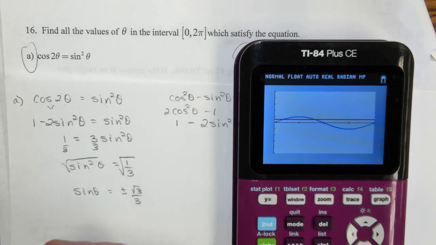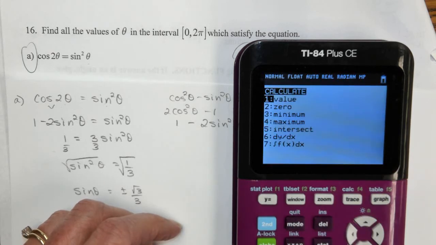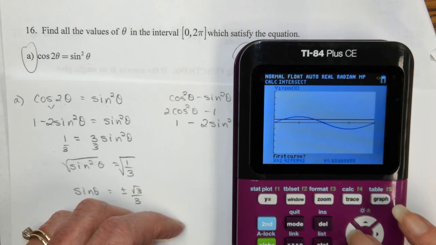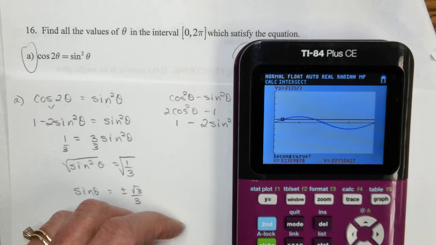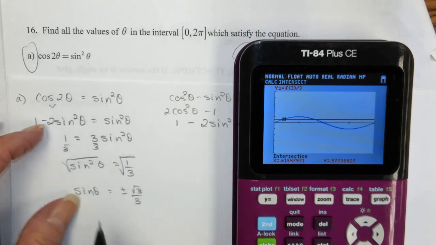Okay, so now I can use second calc. I can use number 5, our intersect, and I'm just going to go all the way back to the first one. I'm just going to go in order here. So our first answer is 0.615.